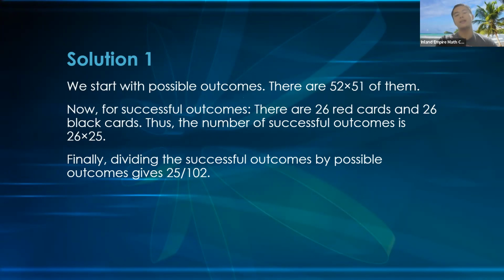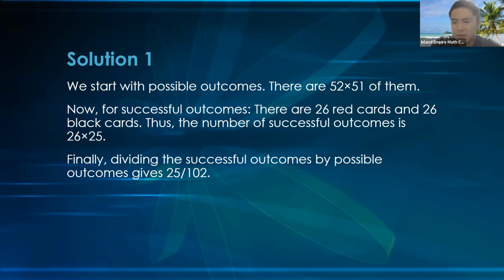So why don't we calculate the possible outcomes first? For the first card, you have 52 choices, right? There's 52 possibilities for what the very top card is. After that, there's 51 possibilities for what the second card is. So that means the total number of possible outcomes for the top two cards is 52 times 51.